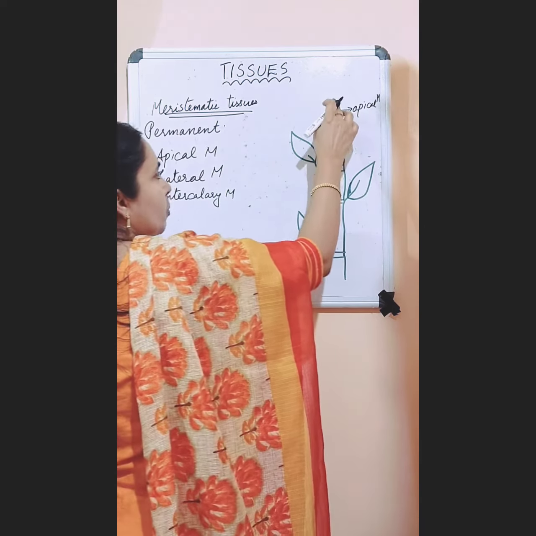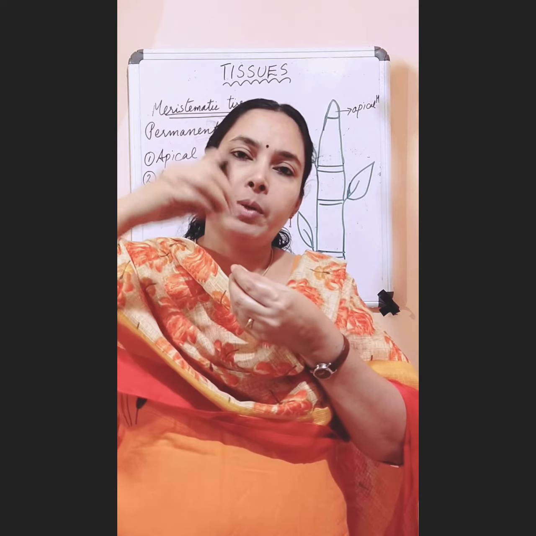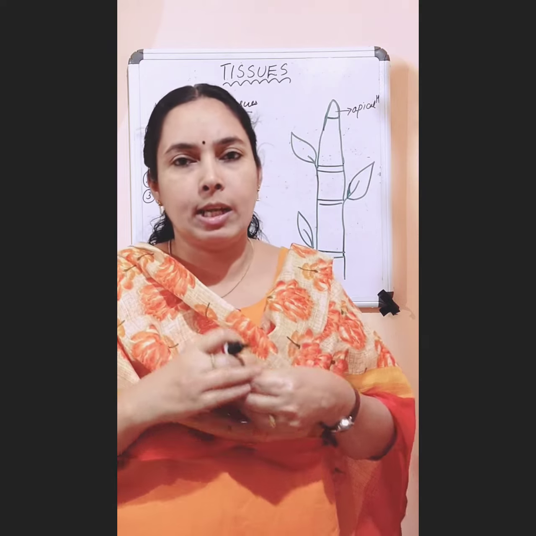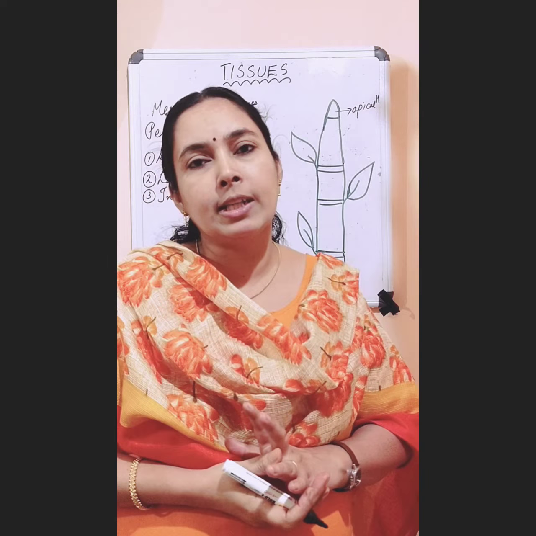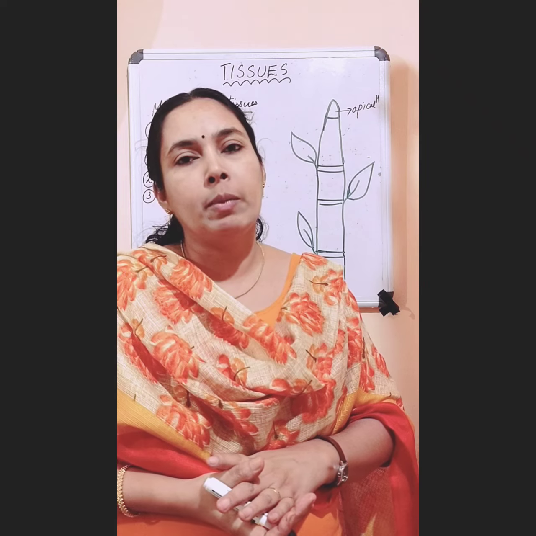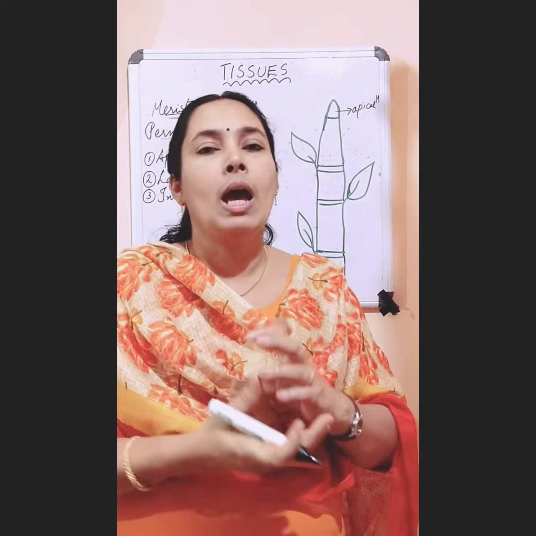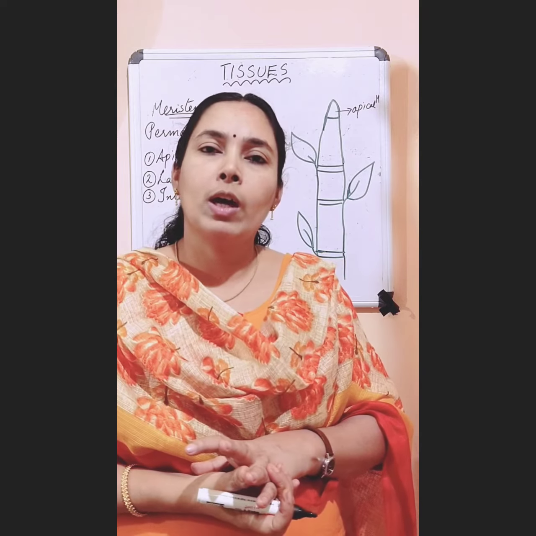So tip, you know, usually tips are growing fast. You can see growth taking place at the tip of root and stem. And which meristem is present at the tip? That is apical meristem. So this apical meristem divides and it will increase the length of the stem and it will increase the length of the root.